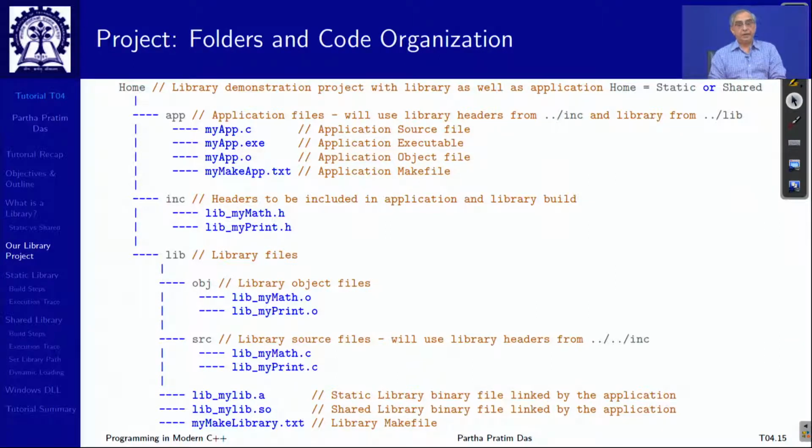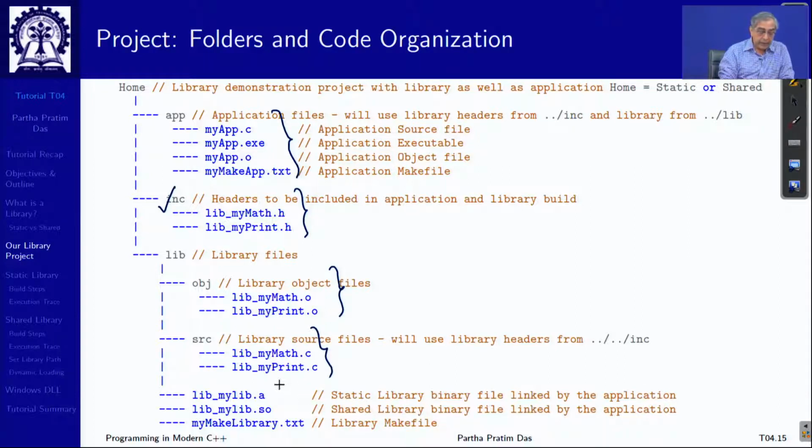We have learnt from the last tutorial that code should better be organized well. So, I have my include directory having both my header files. I have my object directory with both math.o and print.o object files. I have the source directory for the implementations, and based on that I have the application directory, which has my source, my object file, my final executable and so on.